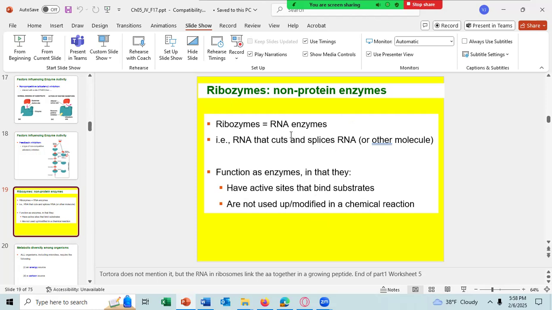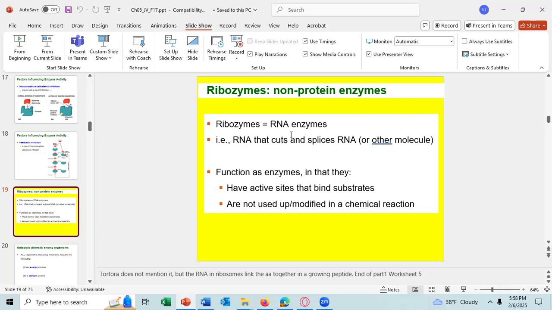Very few enzymes are made up of RNA. Most of the enzymes in your cell are made up of protein, but not all of them. There's only one example of an enzyme that I'm even going to discuss, which is an RNA enzyme.